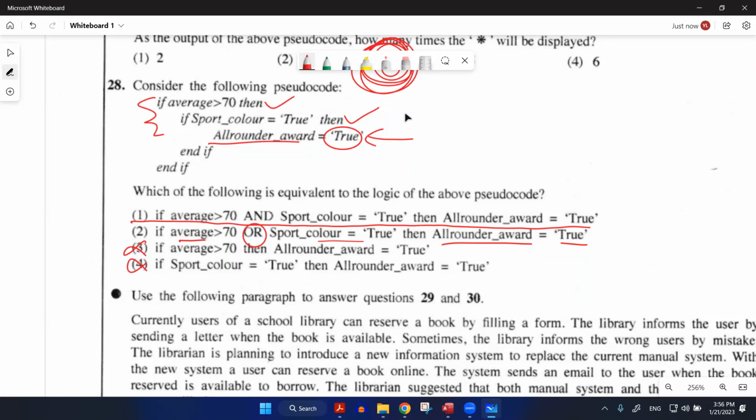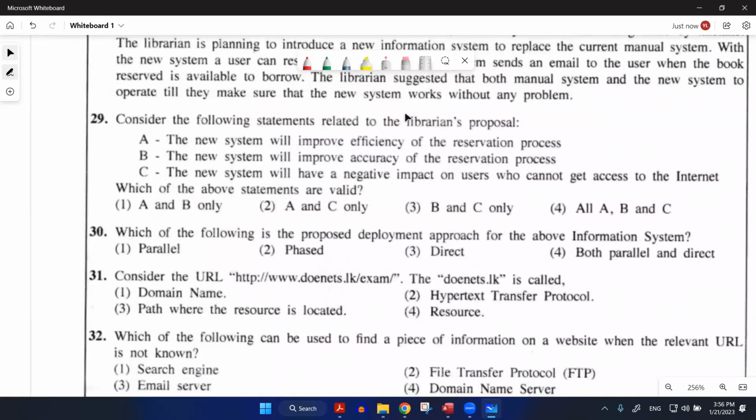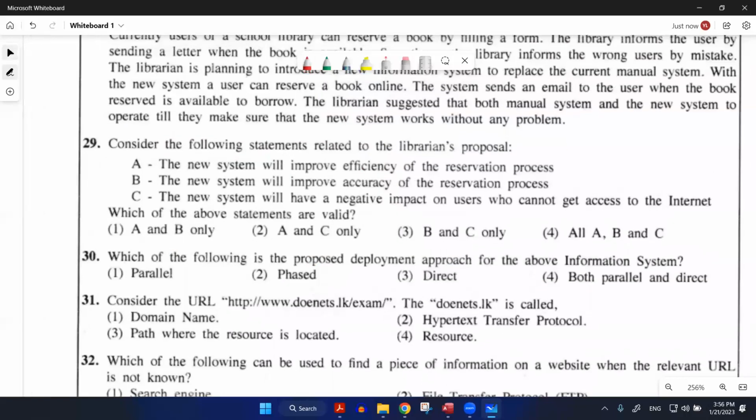Right. Then comes 33rd. No, the 30th. I'm sorry, the 30th. Let's see what the 30th is. Which of the following is the proposed deployment approach for the above information system?